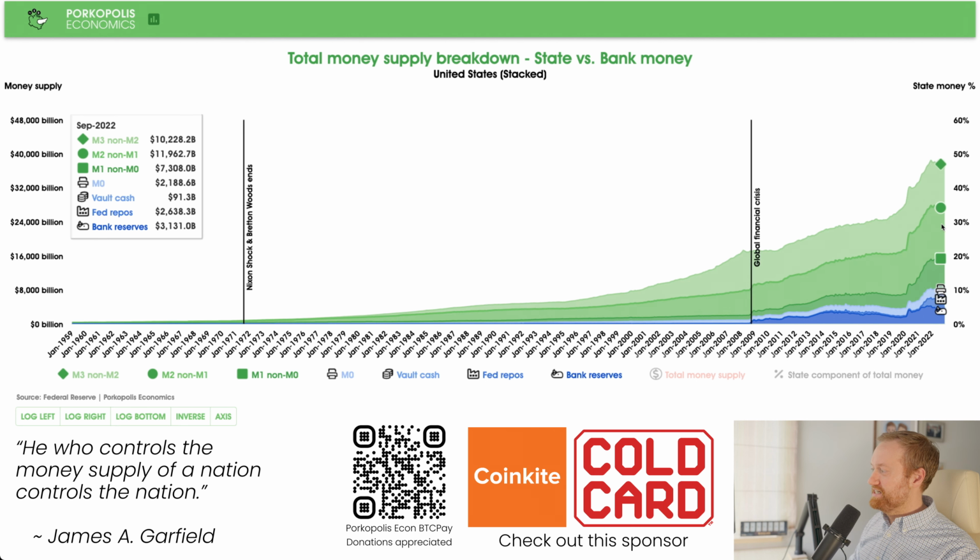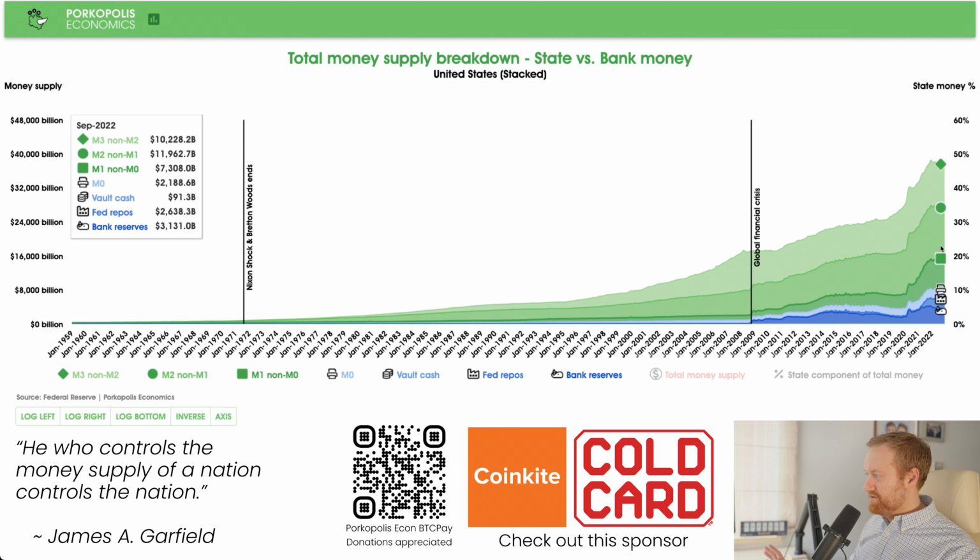The green shaded area is bank money, and in M3's case, non-banks as well. The blue shaded areas are state money, or the monetary base. And they don't count this repo section of the Fed's balance sheet as part of the monetary base yet. I have not done so either when I specifically refer to the monetary base, but you've got to add up all the liquidity here.